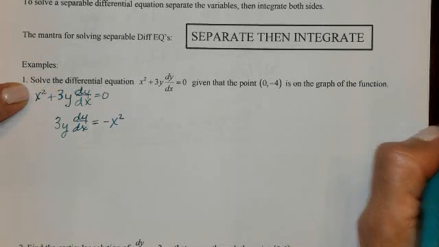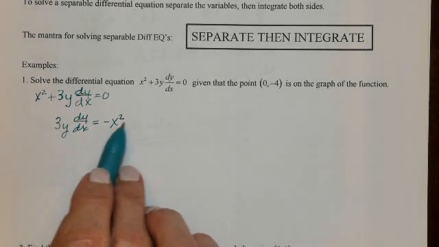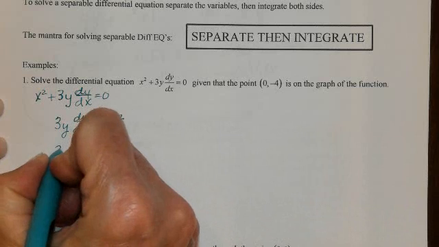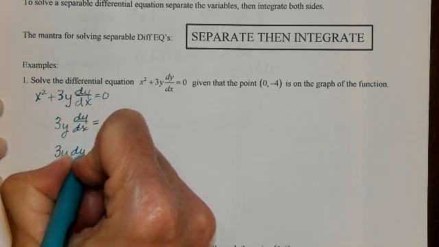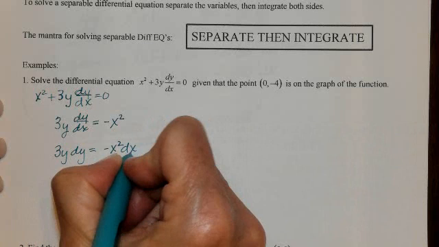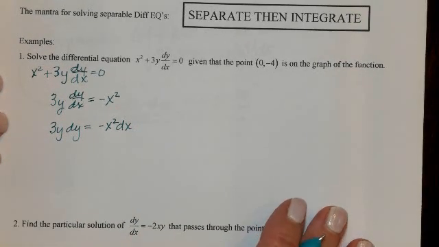At this point, I need to move that dx over. So I'm going to multiply dx on both sides. So then I have 3y dy is equal to negative x squared dx, right? Okay.